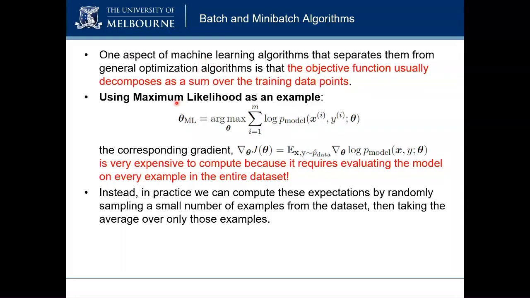One interesting difference between general optimization and machine learning algorithms, like neural network optimization, is that the objective function decomposes as a sum over training data points, right? So here, for example, is a maximum likelihood. What we have here is the argmax of the sum over the data points of the log likelihood.